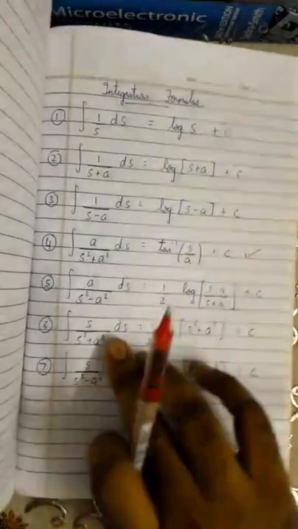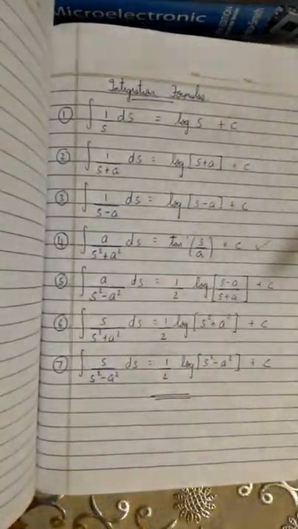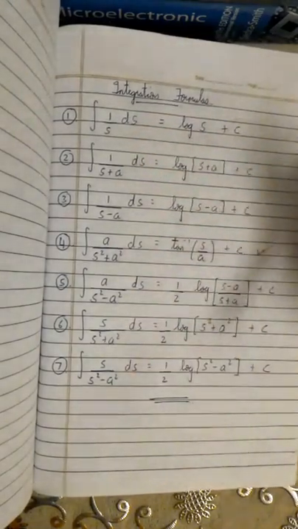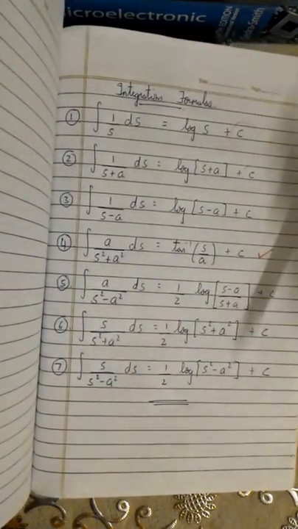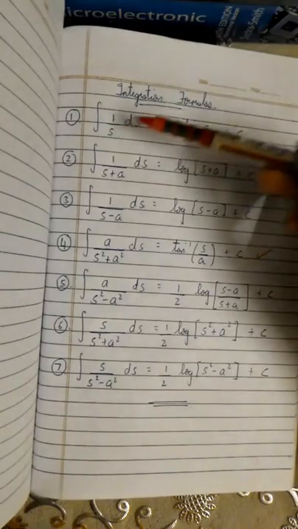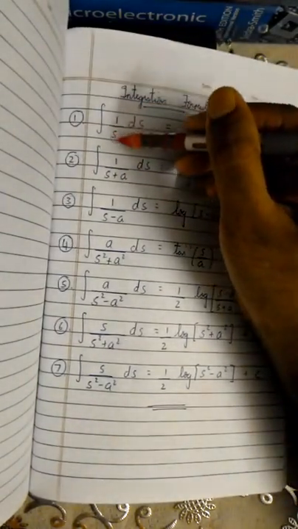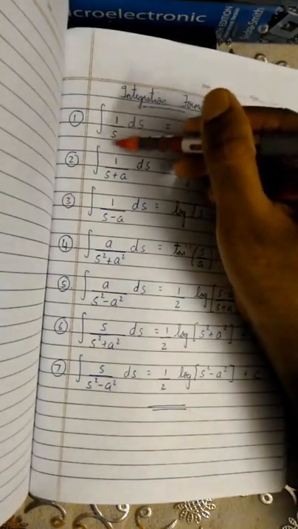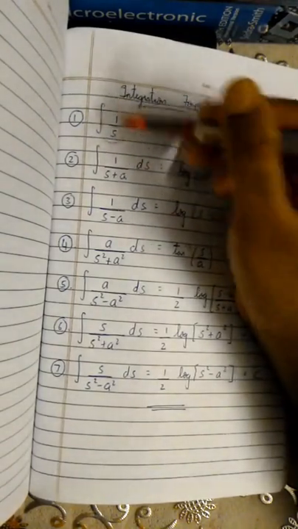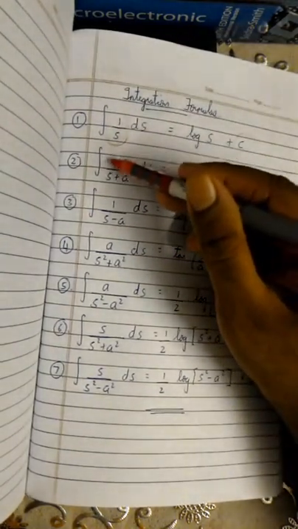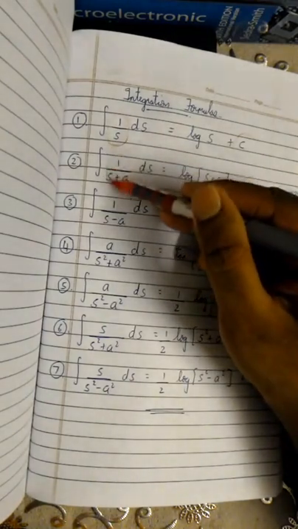I hope some of you by now should have already understood why we are using these integrations. Why do I have to study only these 7 integral formulas? If you look very carefully, you have already seen these terms. This is nothing but the Laplace transform of u of t, or the Laplace transform of 1. This is the Laplace transform of e raised to minus at.